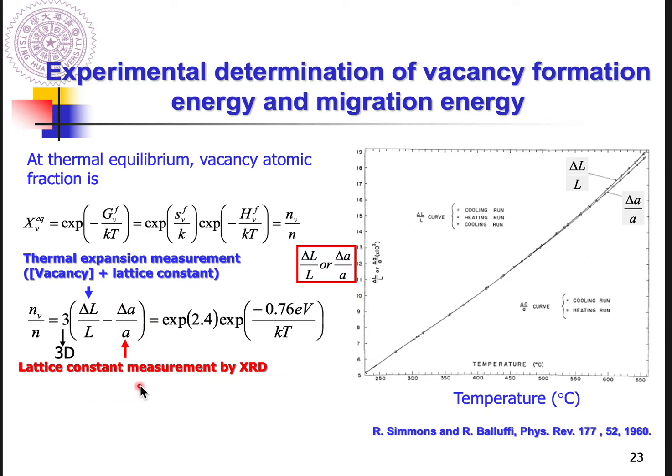So in your experiments, when you heat your sample, for example, to 300 degrees C, you wait until it reaches thermal equilibrium. Then you in situ use the SEM to measure the length of your materials, and also use the XRD to check whether the lattice constant changes. Then you can get this curve, delta L over L and delta A over A as a function of temperature.